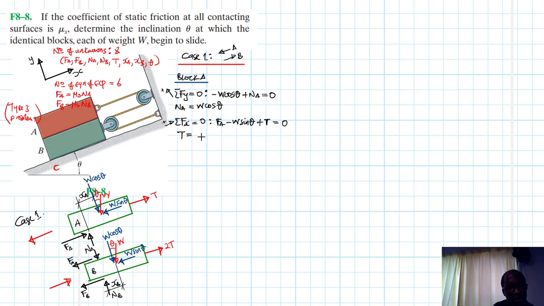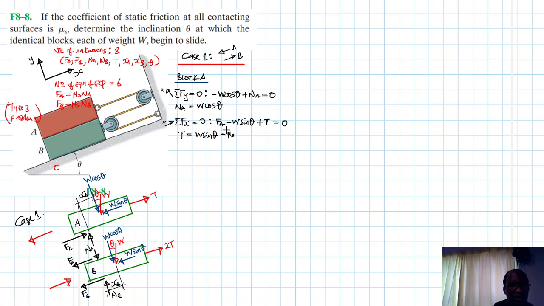Let's get back to our equations of equilibrium. We are saying T therefore will be equal to W sine theta minus FA, and FA is equal to mu S NA.